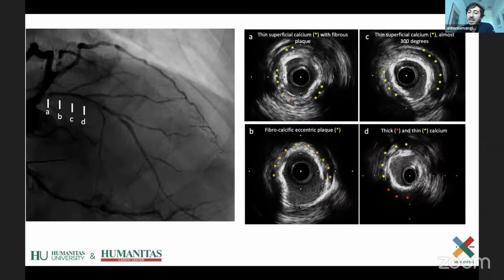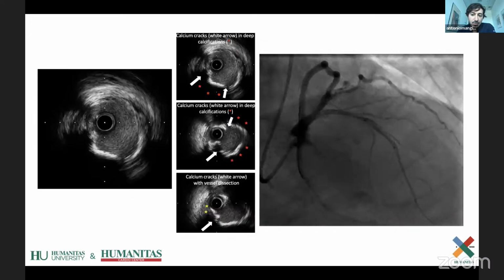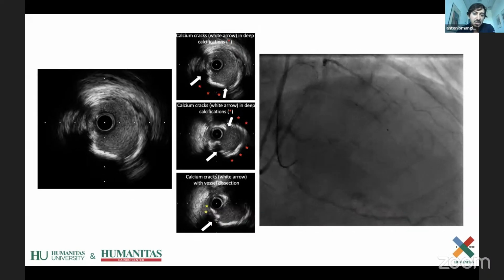So I think you have a fragile patient, and in the IVUS you see that there is calcium that is quite superficial. It's a very diffuse disease, but in these cases maybe you can take the chance to use the non-compliant balloon like we did, the 3.0, and then the scoring balloon inflated at high pressure, especially in the proximal part. Finally, the vessel appearance is not that bad.